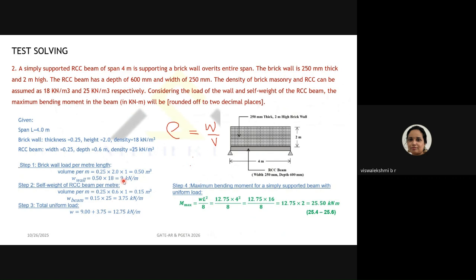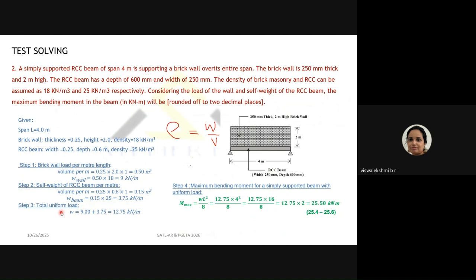In the next step, we will find the self weight of the RCC beam per meter. Same procedure, volume per meter: 0.25 into 0.6 into 1. Length is taken as 1 meter, that is 0.15 meter cube. Then weight of the beam, again density into volume, that is 0.15 into 25, which gives you 3.75 kilonewton per meter.